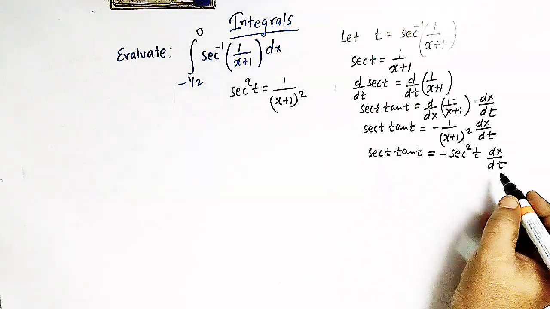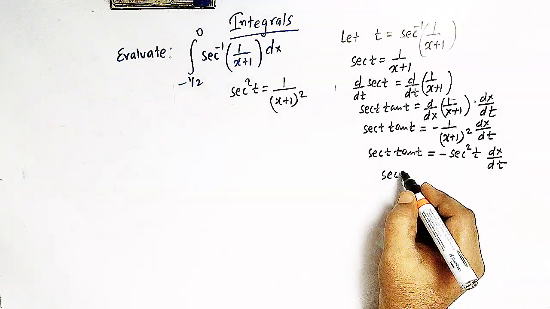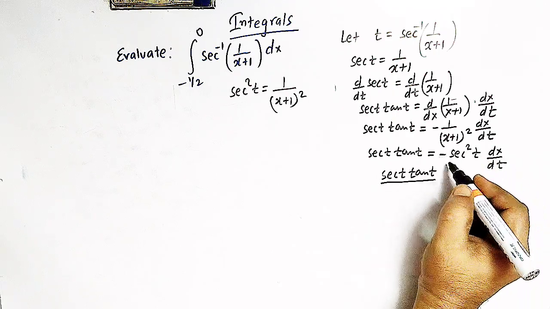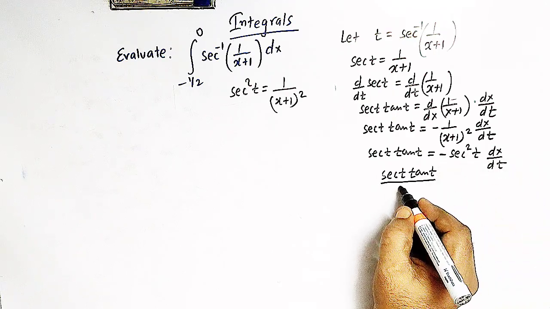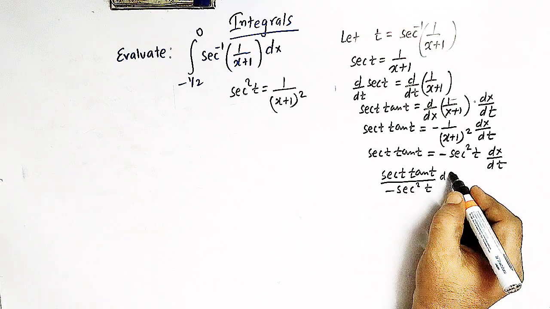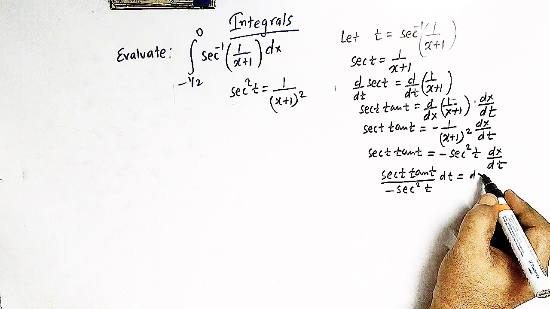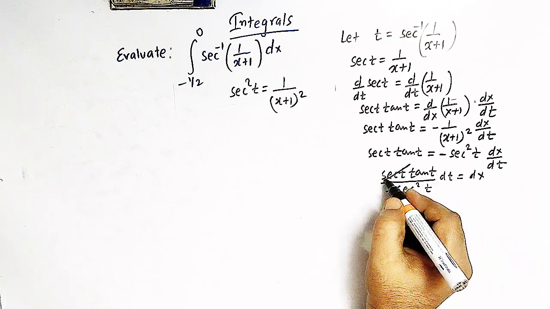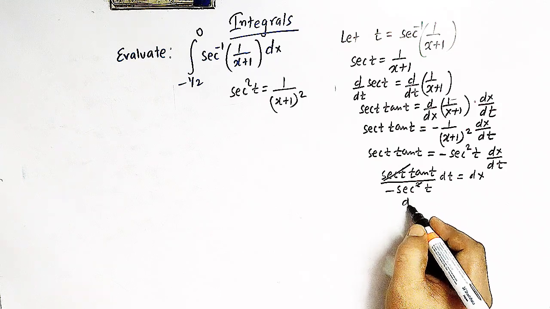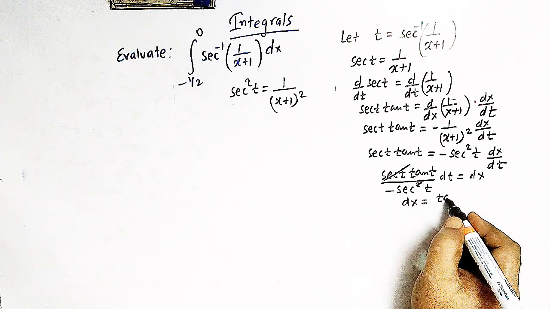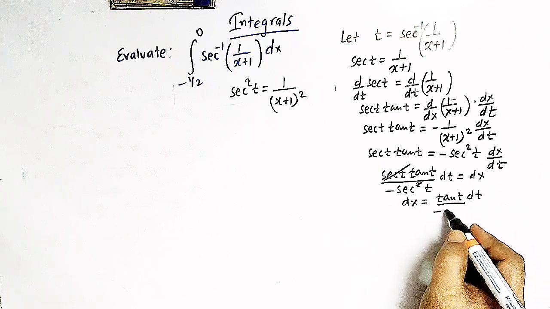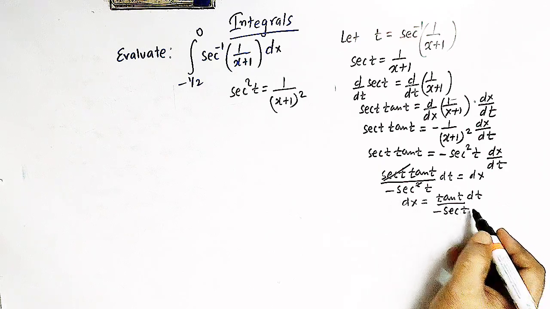Now we can write secant t tan t, and we can take minus secant square t to the denominator here, and here we have dt, and here we can write dx. Now this secant t and this secant t get cancelled, so we have dx is equal to tan t dt, and in the denominator we have minus secant t.